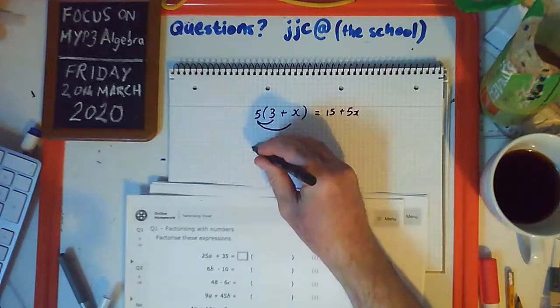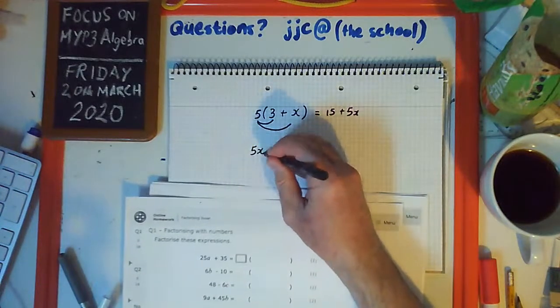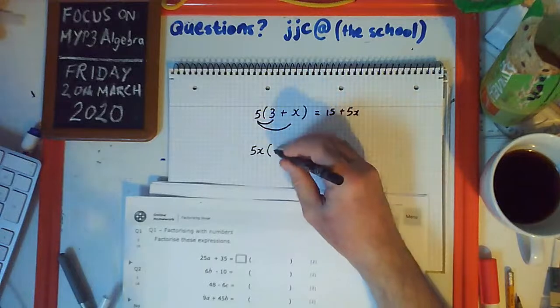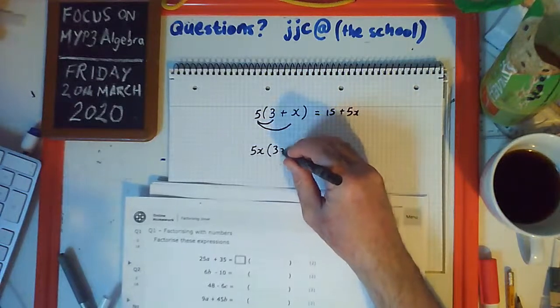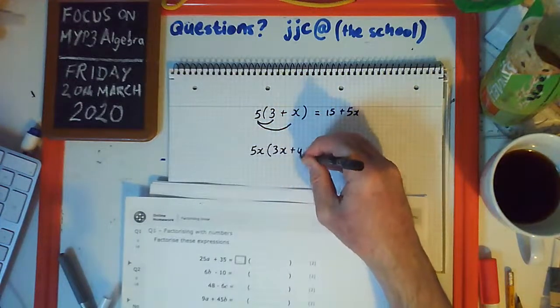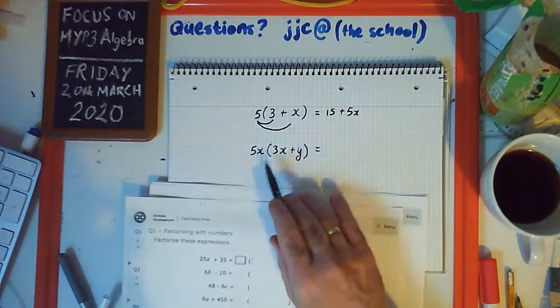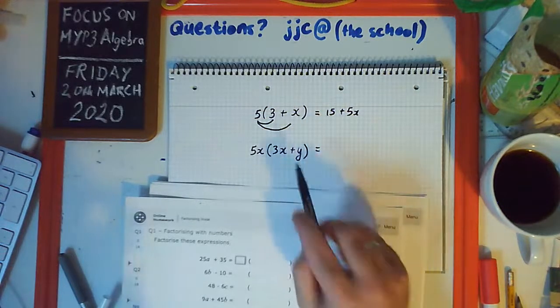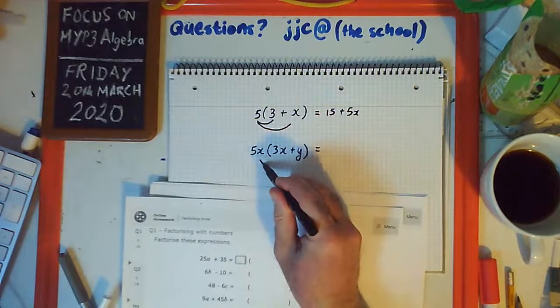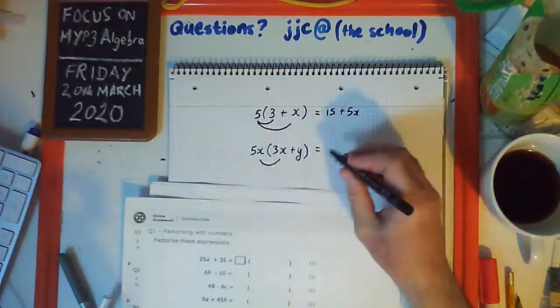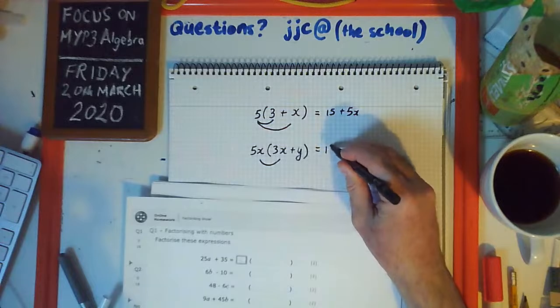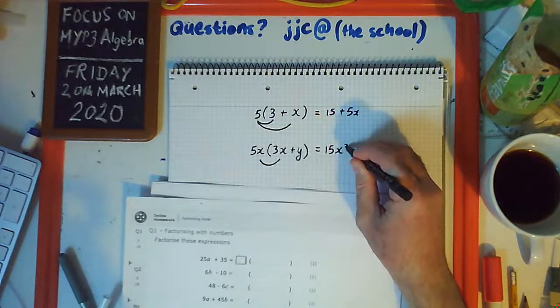It might be something with algebraic terms inside and outside the brackets. So it could be something like 5x times this bracket that has 3x plus y in it. So then that would be 5x times 3x makes 15x squared.